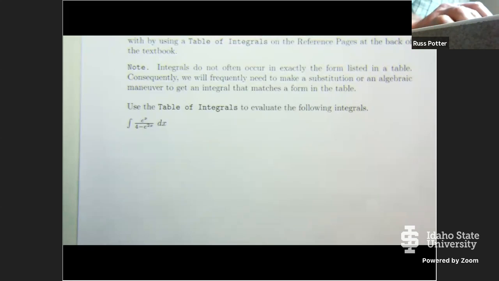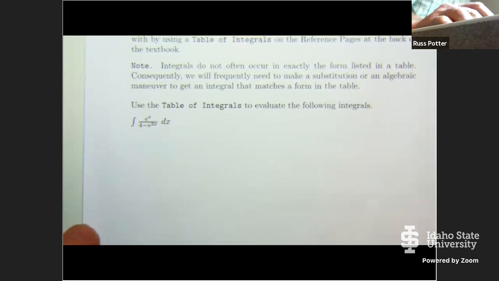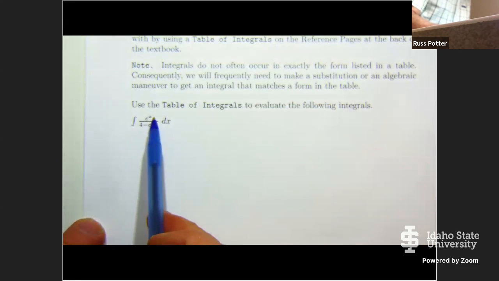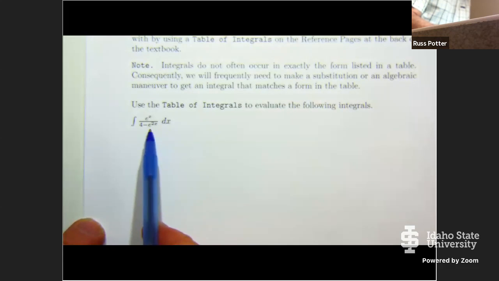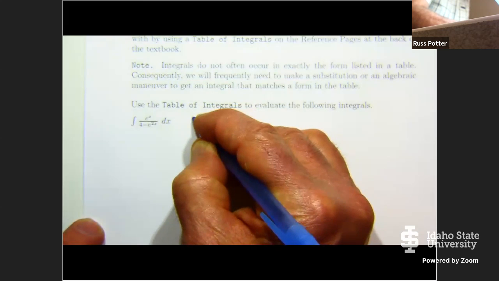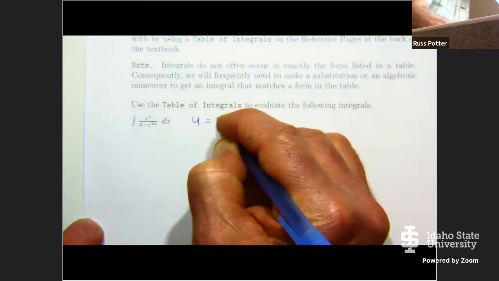Okay, this is what you can do. We see e to the x in the numerator, and we see that e to the 2x is in the denominator. So let's try the substitution u equals e to the x.